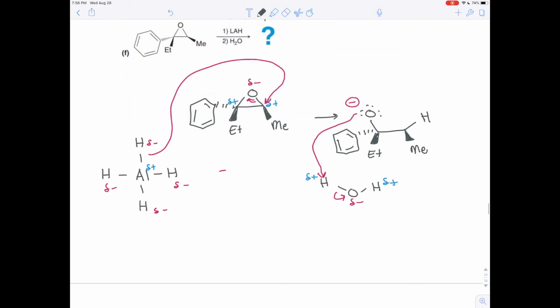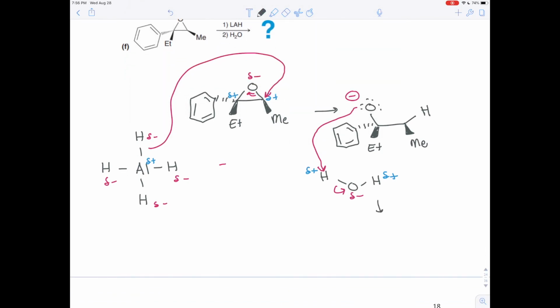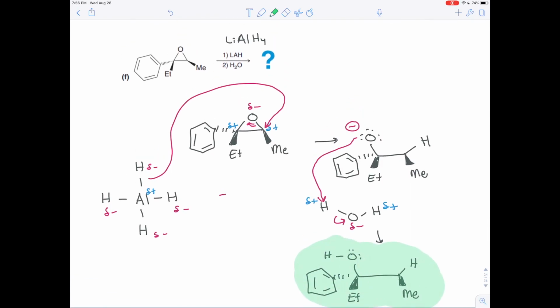The electrons in the bond go toward the most electronegative place nearby, which is the oxygen, and so you're left with all these other branches staying the same, just with the O here having a hydrogen on it and no charge. And that beautiful masterpiece right there of a molecule is what you get when you do this reaction.